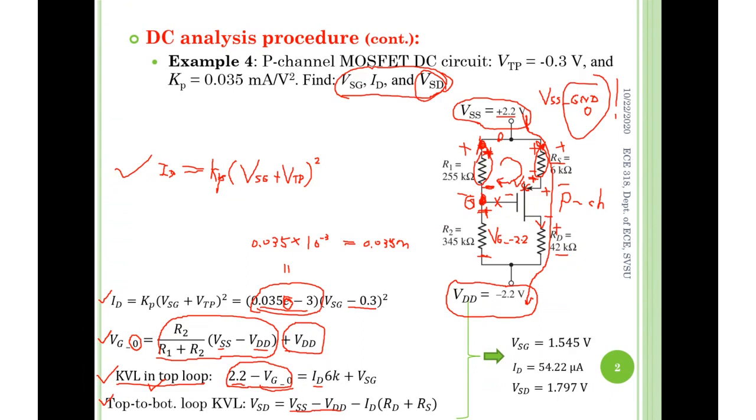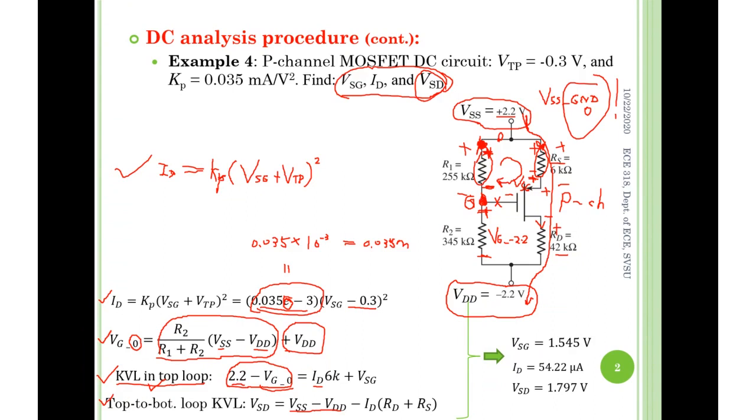So this voltage at this node is 2.2 to the ground. And then I have to make sure the voltage at the gate, VG, is also with respect to the ground. Otherwise, you can't do the subtraction. Does it make sense?